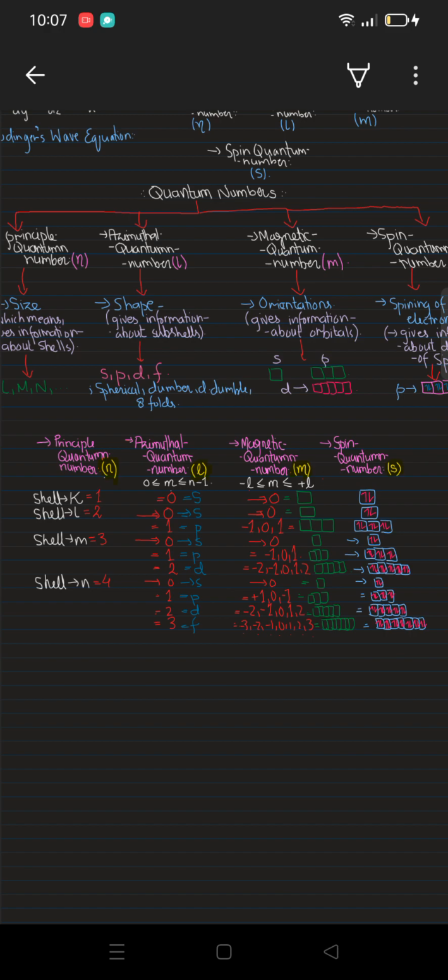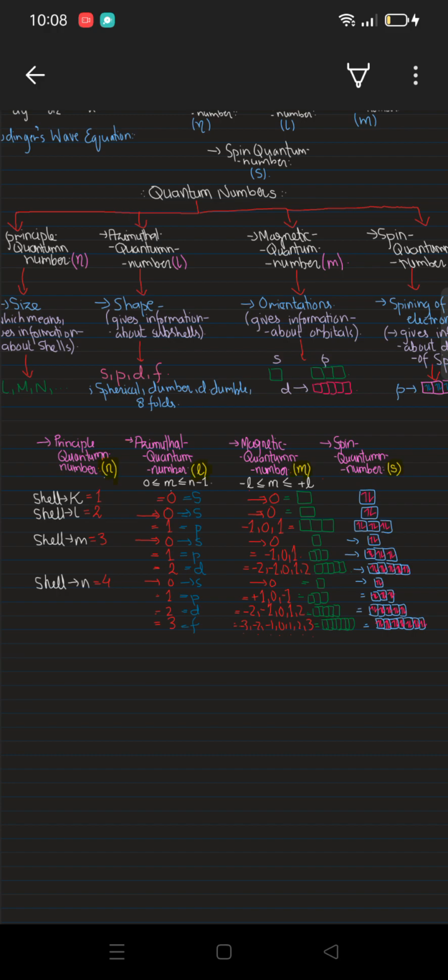S represents spherical, P represents dumbbell, D represents double dumbbell, and F represents eight folds.